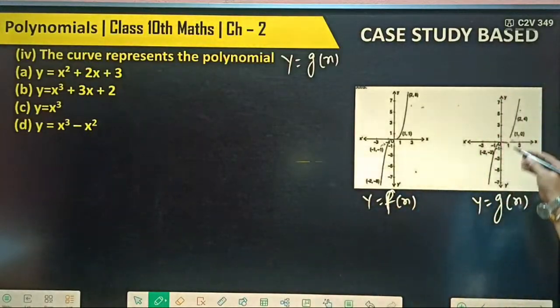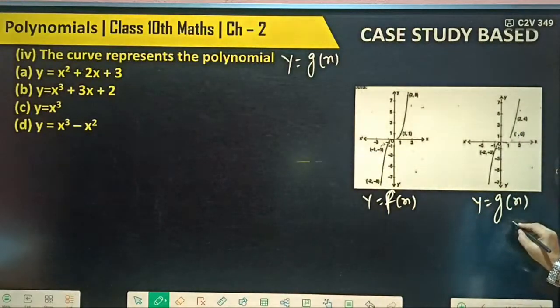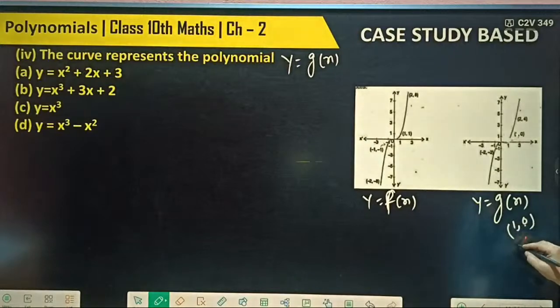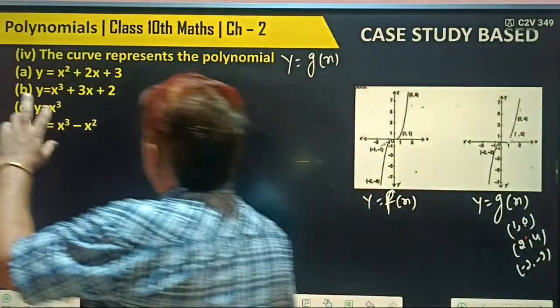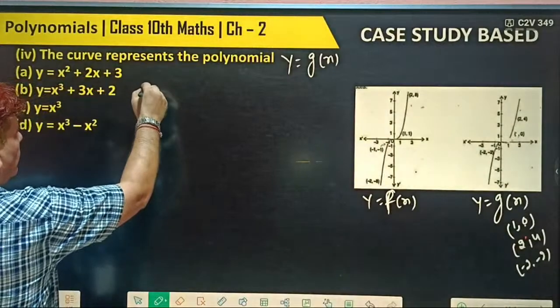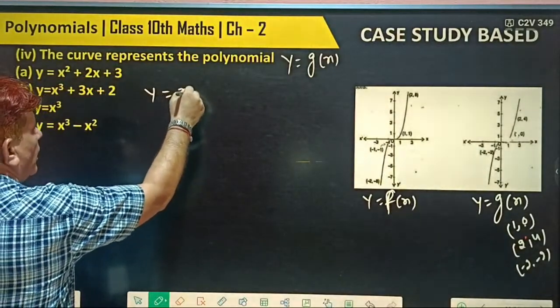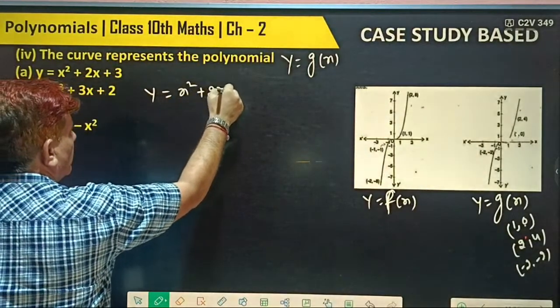Here also the same procedure. You can take (1, 0), which is given, or (2, 4), or (-2, -2). If any satisfies this equation, that one is the graph of this. So y equal to x square plus 2x plus 3.